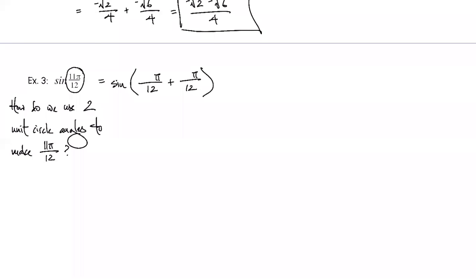And so the question then is less about adding fractions, but really, I want you to find two numerators from the unit circle that add to make 11. So what two numbers can we add? They don't have to be on the unit circle yet, but what two numbers can I add to make 11?